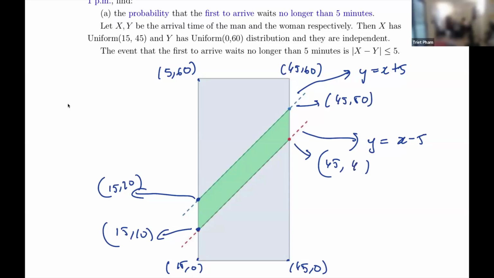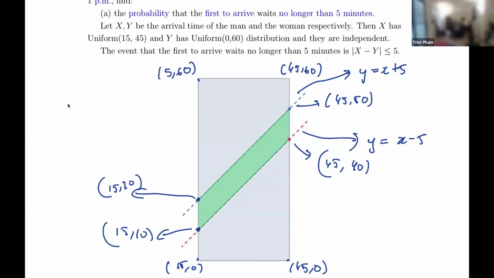Okay, so now we need the area in between. What is that area? Or however you want to calculate this area, what would that be? Is it 300?